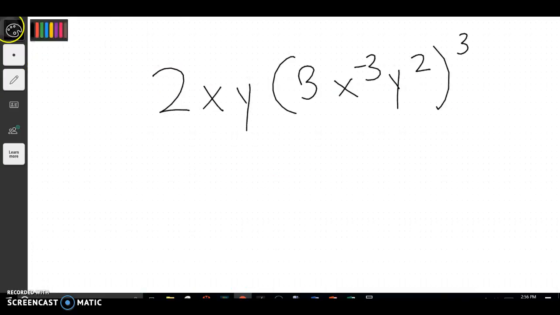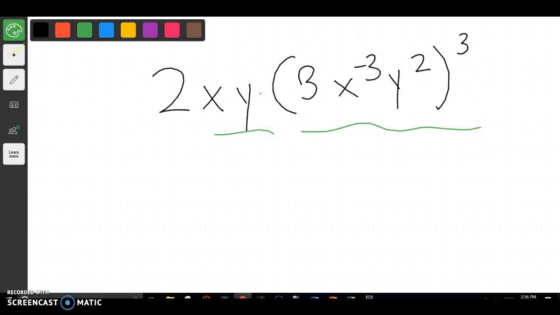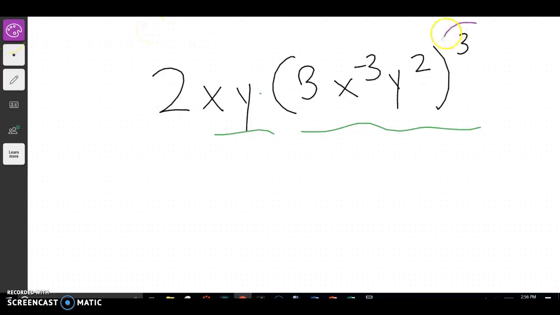Okay, so in this example, we have 2 different situations. We have this power rule situation happening over here, and these normal numbers that we'd multiply over here. What you always will deal with is the parentheses first. So we're going to take this and apply the power rule to all of the numbers. And again, even though the 3 wasn't written with an exponent, I want to make it raised to the first power.